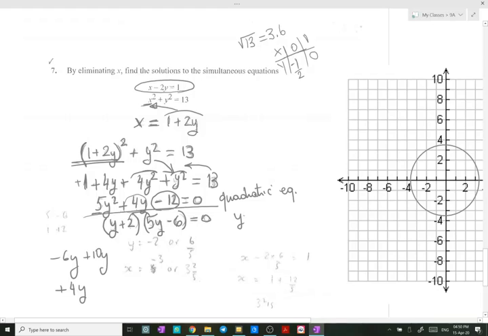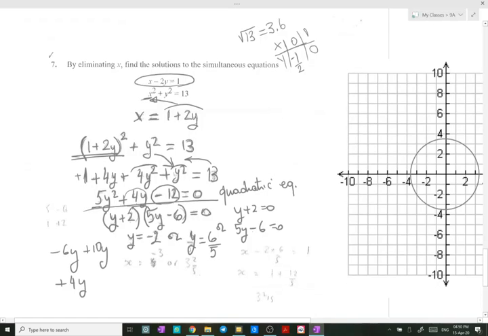So y plus 2 equals 0, or 5y minus 6 equals 0. So when y plus 2 equals 0, you're going to get y equals minus 2, or when 5y minus 6 equals 0, you're going to have y equals 6 over 5.